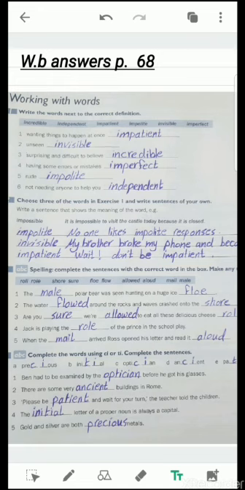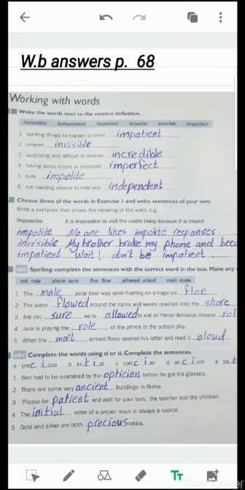So we write impatient. Number 2. Unseen. So we have invisible. Number 3. Surprising and difficult to believe. Incredible.